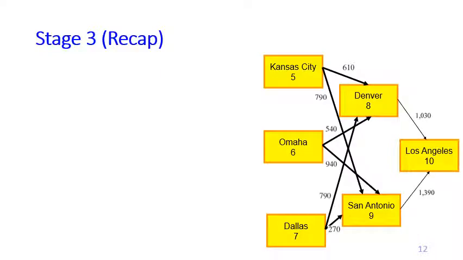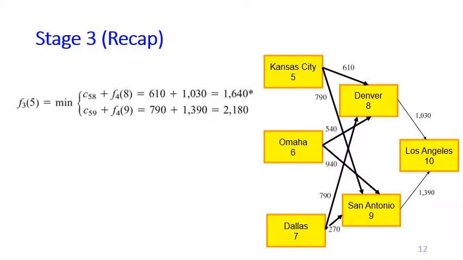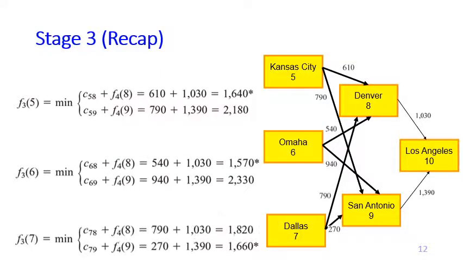So to recap stage 3, we have F35, F36, and F37, because at the beginning of day 3, we may be in city 5, we may be in city 6, we may be in city 7. That's why we have F35, F36, and F37. And for F37, we have these curly brackets because we compare two options, going to city 8 or going to city 9.